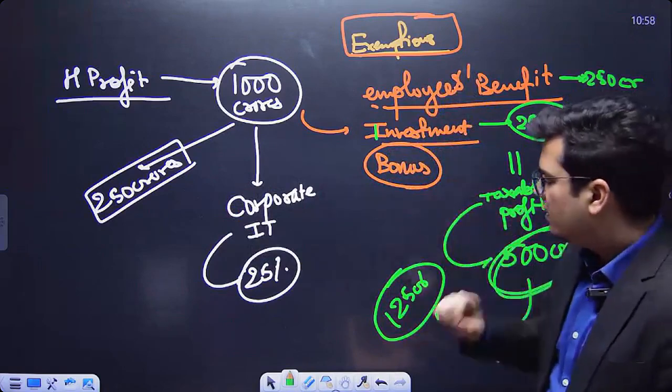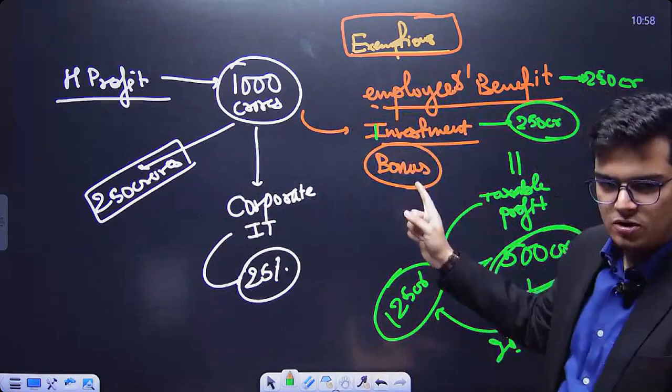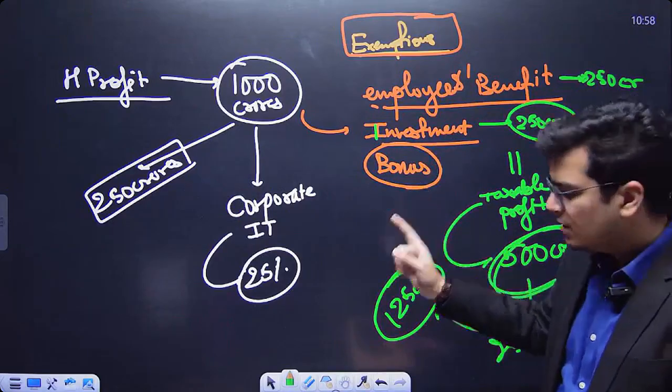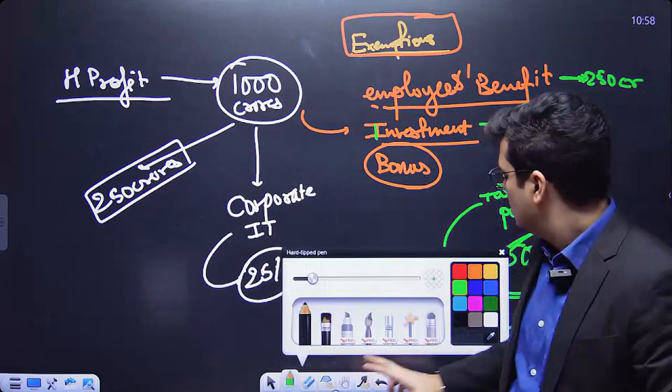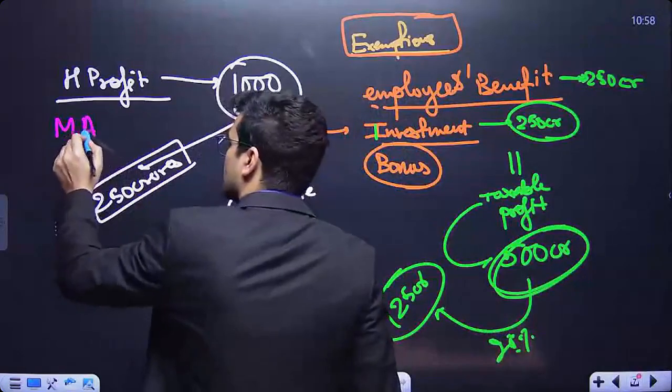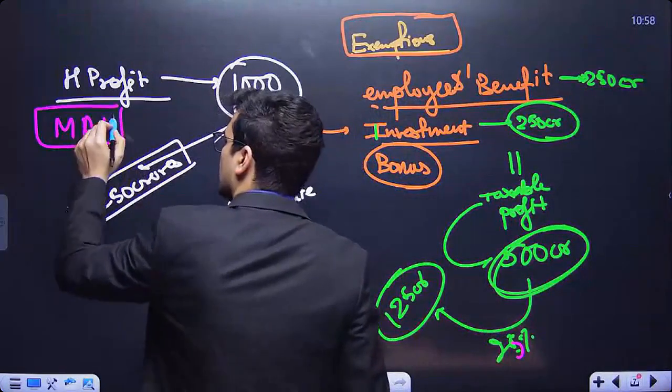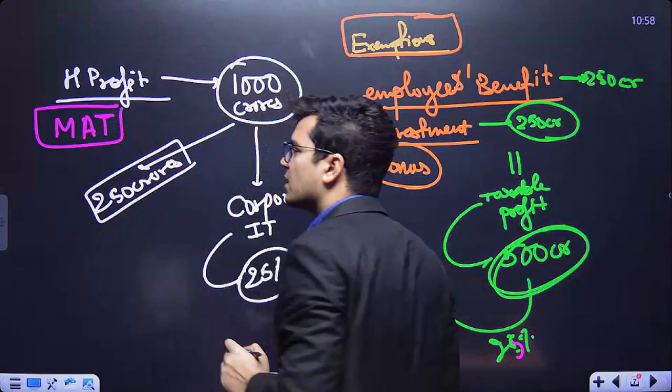So government said one way is you go through this process. This is one way. But we are also getting a new system called minimum alternate tax. MAT, minimum alternate tax.